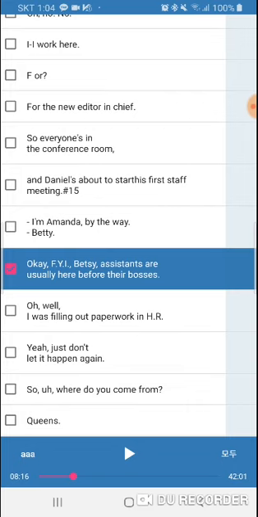Okay, Bessie. Assistants are usually here. Okay, Bessie. Okay, Bessie. Assistants are. Okay. Bessie. Assistants are usually here before their bosses. Okay, Bessie. Assistants are usually here before their bosses. Okay, Bessie. Assistants are usually here before their bosses. Okay, Bessie. Okay, Bessie. Assistants are usually here before their bosses. Okay, Bessie. Bessie. Assistants are usually here before their bosses.